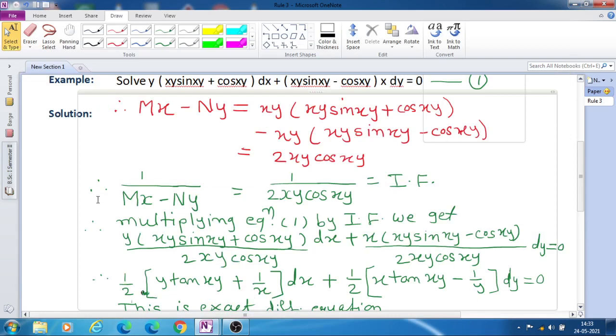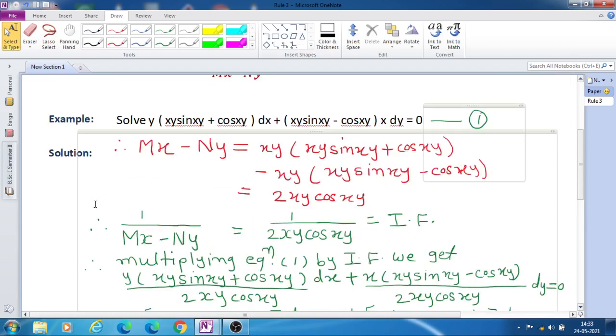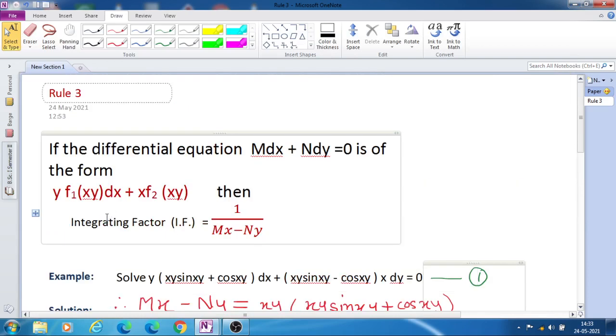In this lecture we see integrating factor rule 3. So what is rule 3?